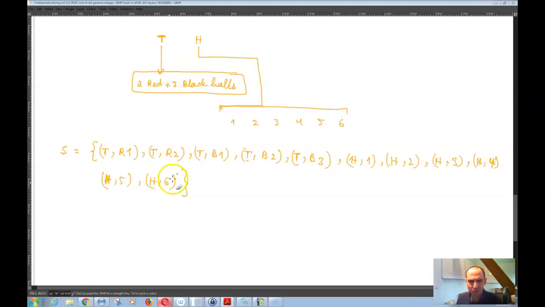So you get tails R1, R2, B1, B2, B3, H1, H2, H3. Of course, they have written this, for example, this way, meaning that they have omitted the commas and then they have written it as, for example, T R of 1, or T R of 2, or T B of 1, or T B of 2.